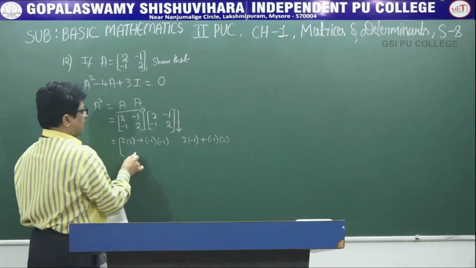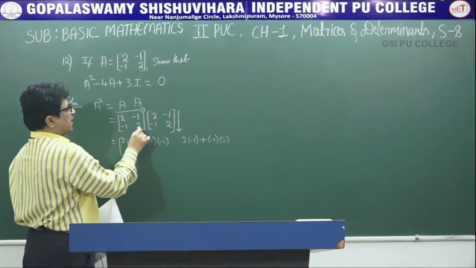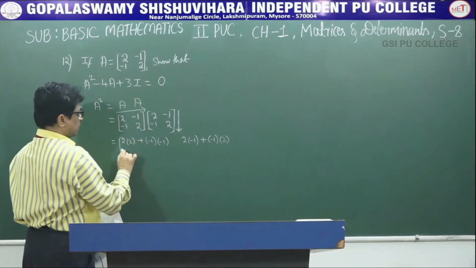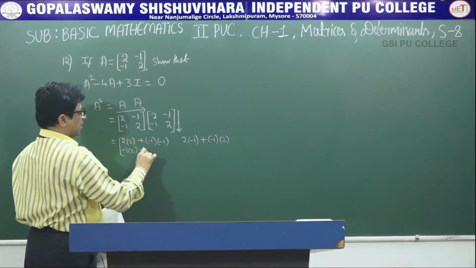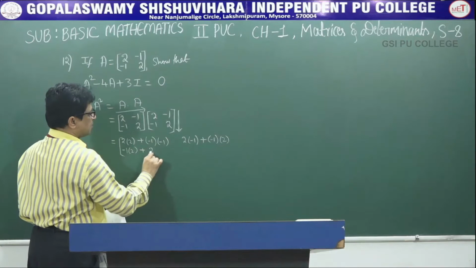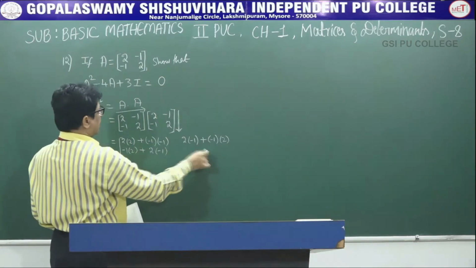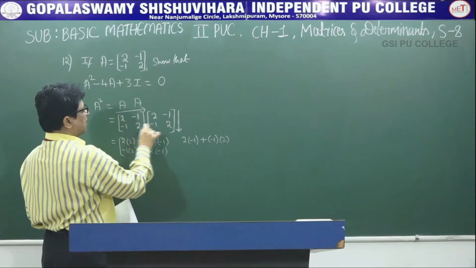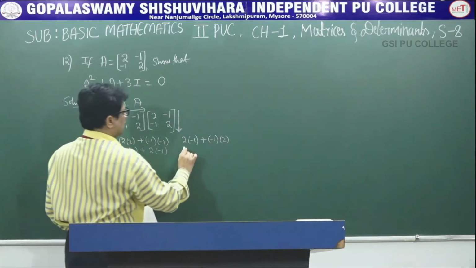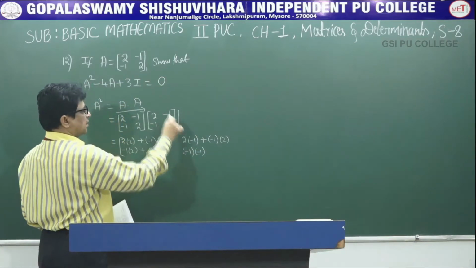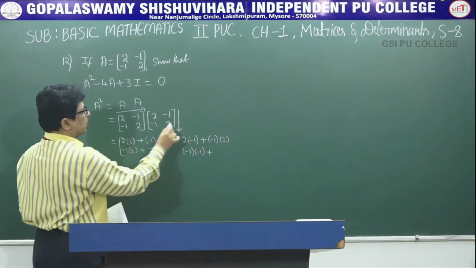So, next element is second row into first column, minus 1 into 2 plus 2 into minus 1. Next element is second row into second column, minus 1 into minus 1 plus 2 into 2.